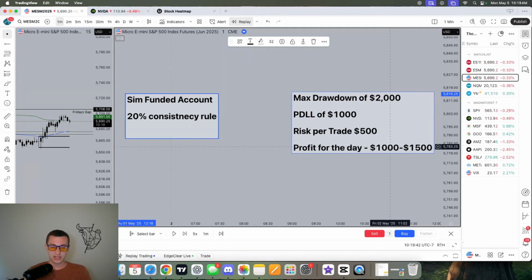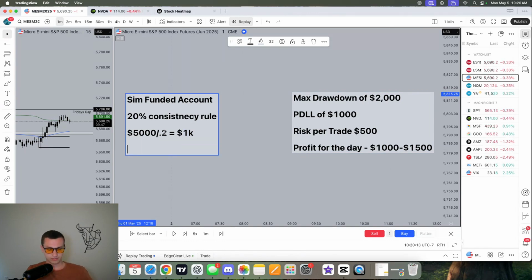So that means, let's say you're shooting for $5,000, because there's no clear dollar amount you have to make, you just have to be within the consistency rule. If you have a $5,000 profit target, you're going to divide that by 0.2, which equals $1K a day. Now, that's the max that you can make here. This $1K a day is the very max that you should be making.